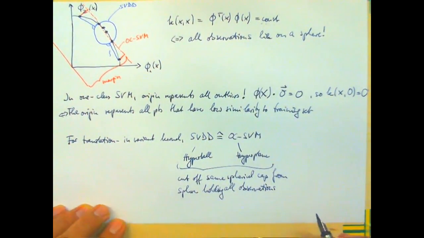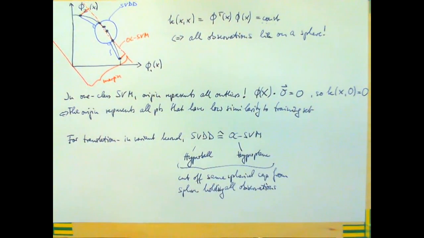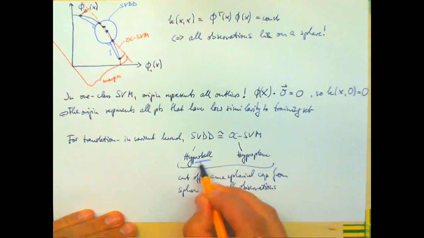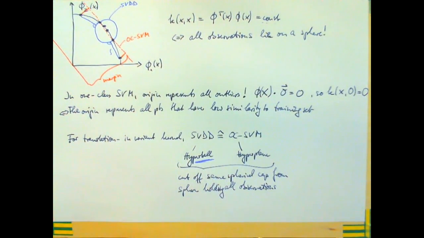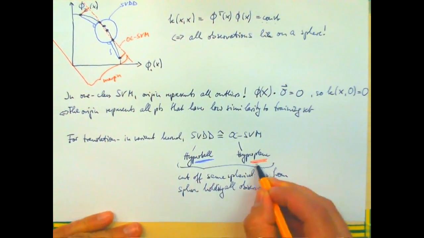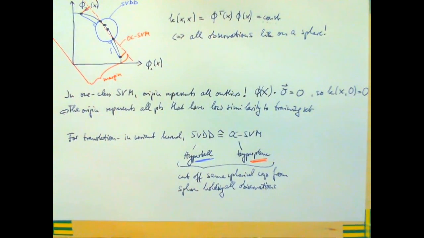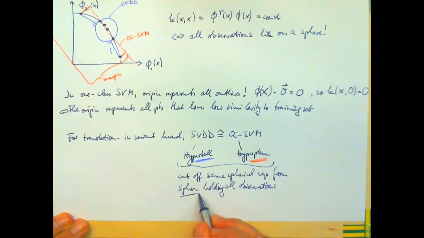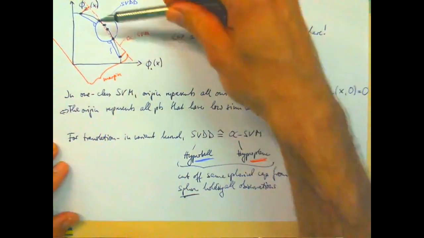So in my sketch, the hyperball here was blue and the hyperplane was red, and this sphere holding all observations I had drawn in black. Okay, this was the sphere holding all observations.